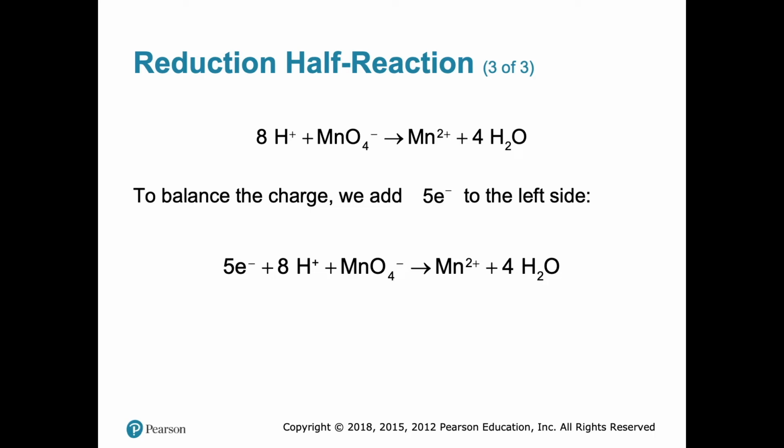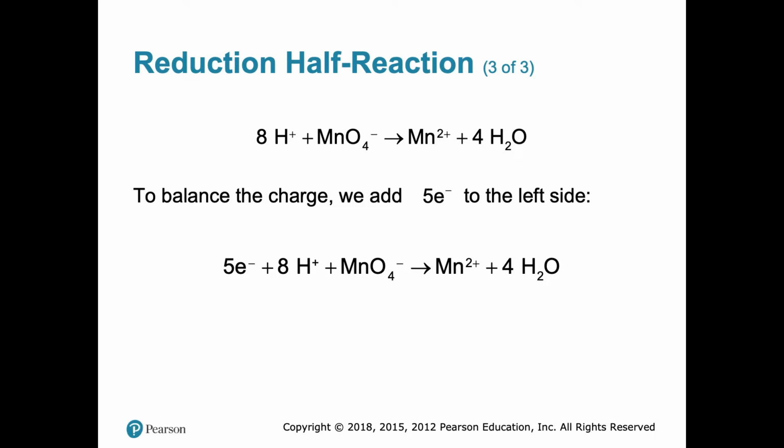So to balance out the charges, we have 8 positive charges over here plus a minus charge here, so that gives us a total of +7 on this side, and over here on this side we only have +2. So how do we get the +7 down to +2? We add 5 electrons, because 5 minus charges brings us from a +7 to a +2.